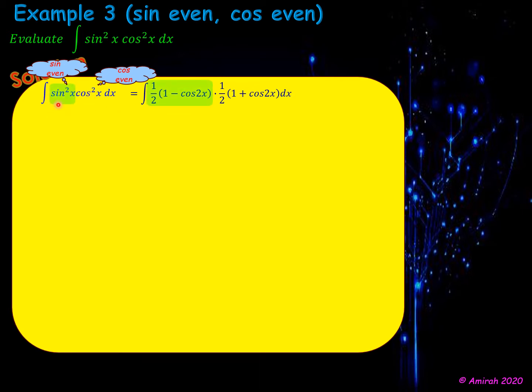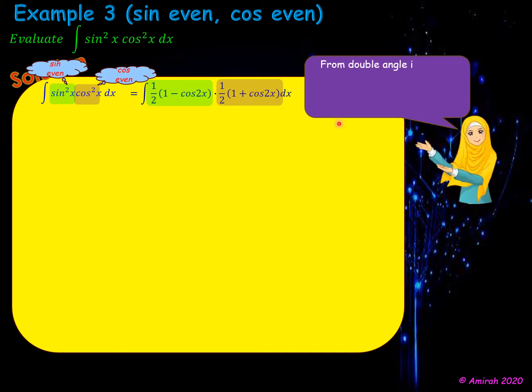We write sine squared x as half times 1 minus cos 2x, and we write cos squared x as half times 1 plus cos 2x. This comes from the double angle identity. Okay?